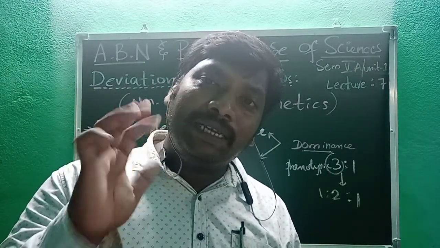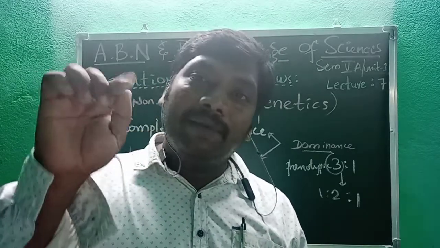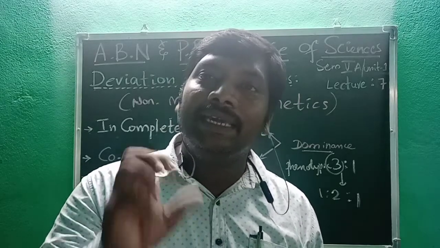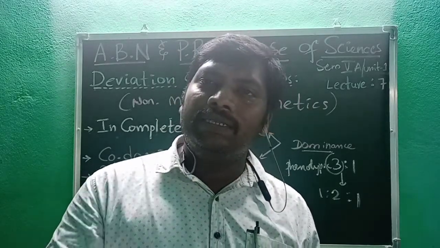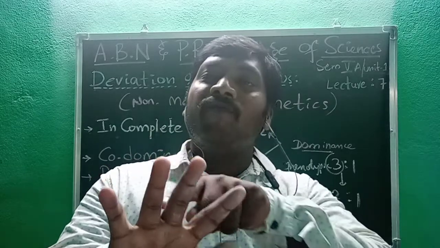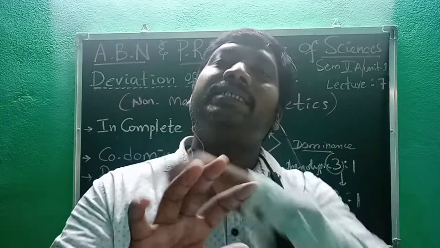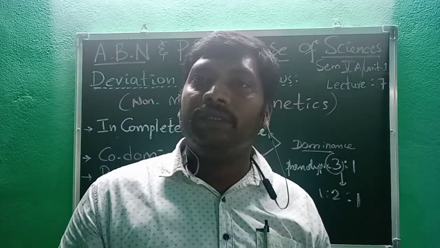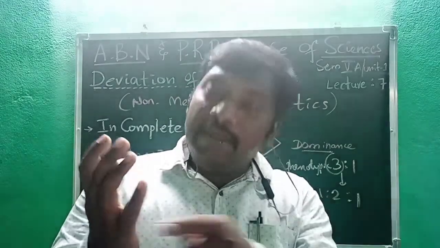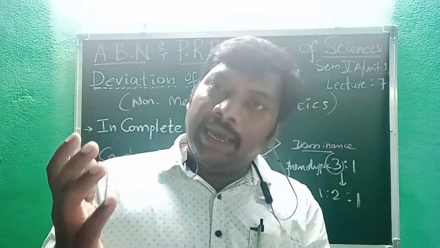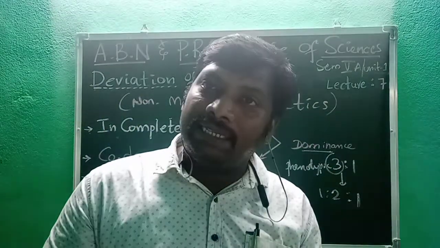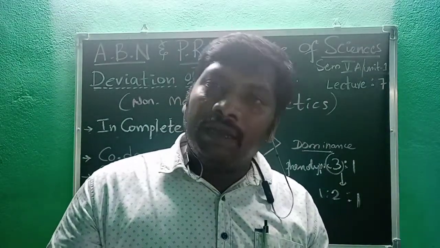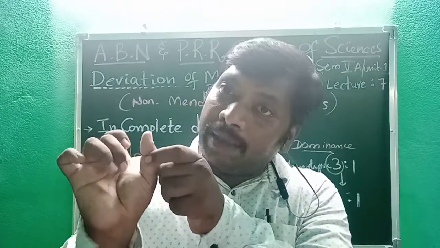As an exception under incomplete penetrance, there is polydactyly in men. Polydactyly means additional digits appear beyond the five fingers. So they have 6 fingers on the right hand and 6 on the left hand also, so 12 in total. Some persons have an additional finger attached to the thumb.